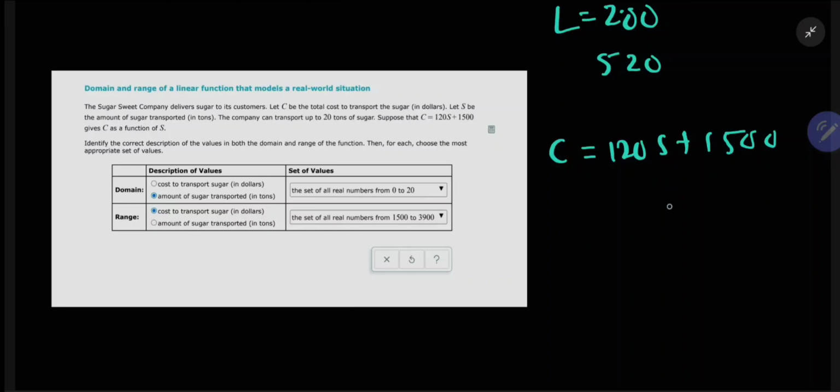So when it's 0, you have 1,500, and when it's 20, you have 120 times 20 plus 1,500, which gives us about 3,900. So that's that.